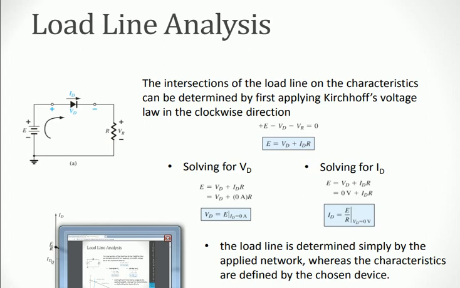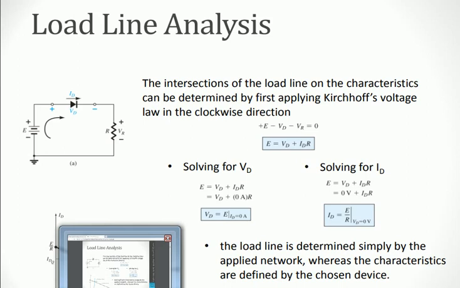Before discussing what the load line analysis is, we will simply apply KVL in this circuit. You may start from the positive terminal or the negative terminal, or from any circuit element. Let's suppose we start from the DC supply, that is E, from the positive terminal of the battery.